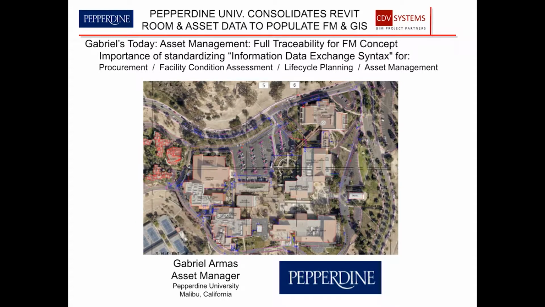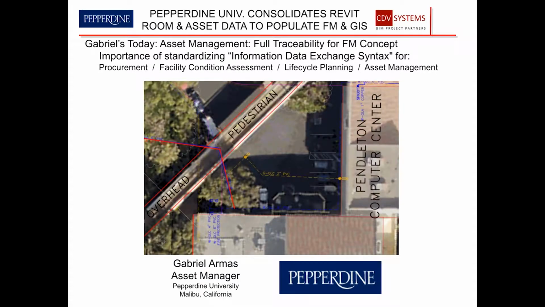So this is just a glimpse of, once again, how I view the campus. This is actually our campus here. And we had a great partnership with some partners doing the utilities. So we're trying to make these connections, trying to get all the information as accurate as possible. And just a little bit of a glimpse of this utility map.